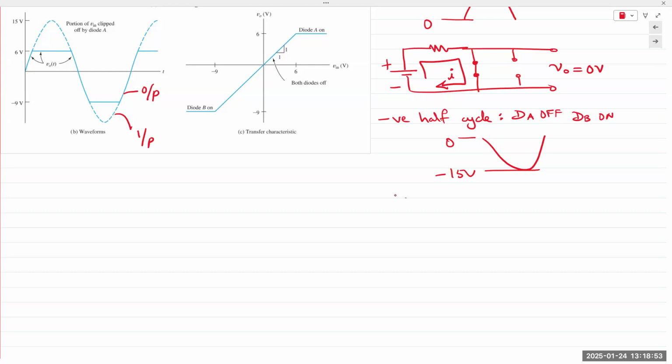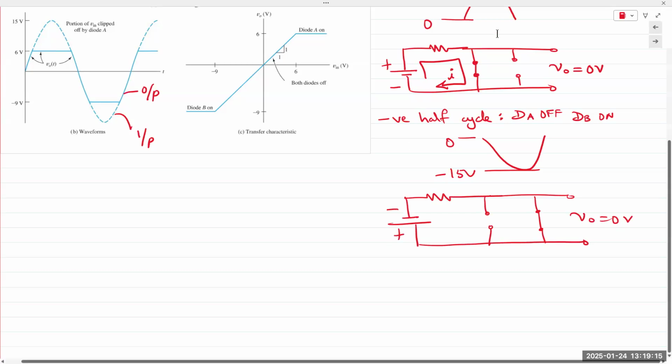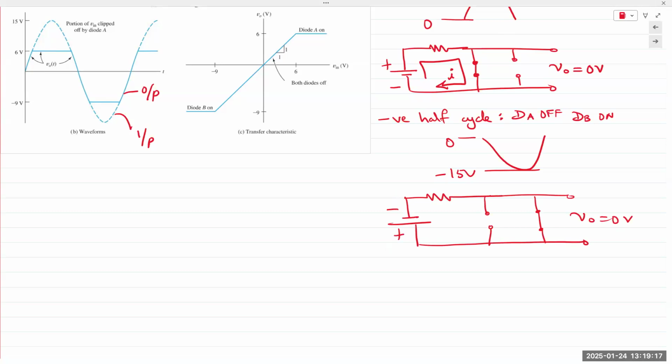So once again, there is an open circuit and there is a short circuit, and V out goes to 0 volts. So far, so good.